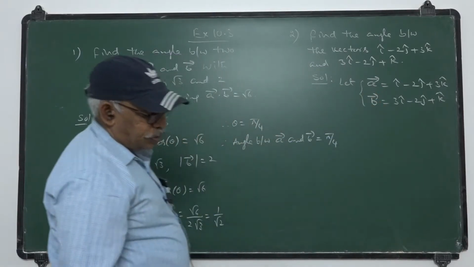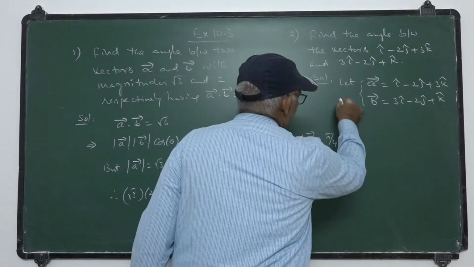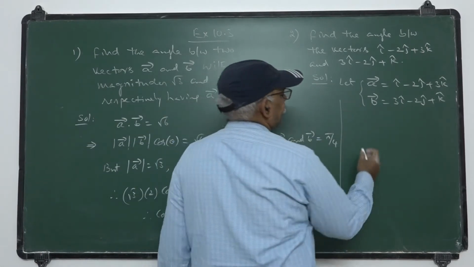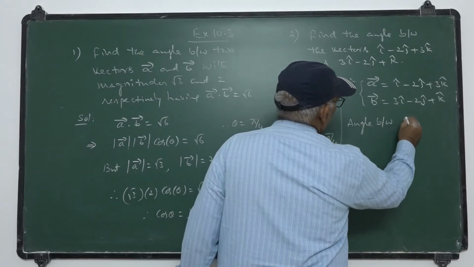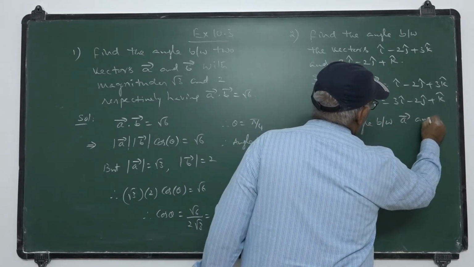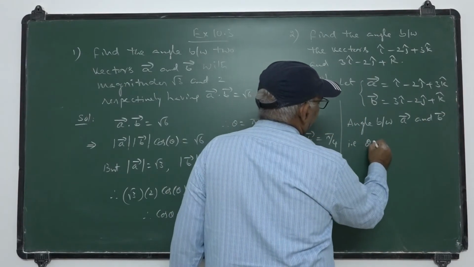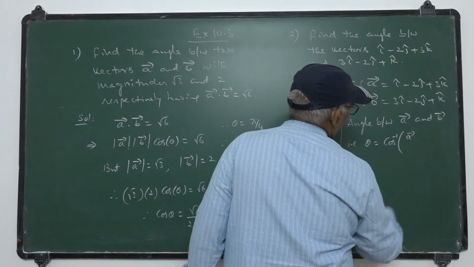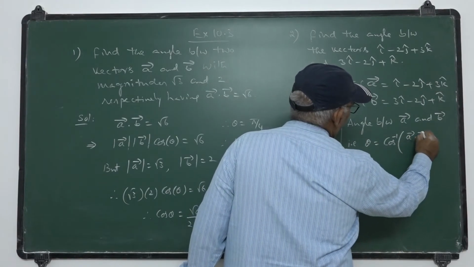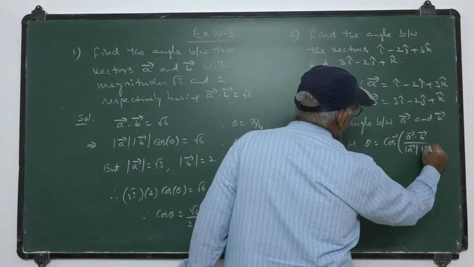Now the angle between the vectors A bar and B bar, that is theta, equals cos inverse of A bar dot B bar by modulus of A bar, modulus of B bar.